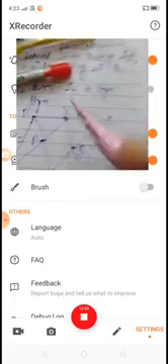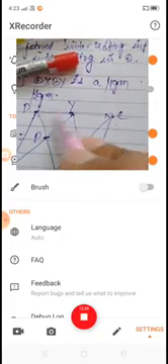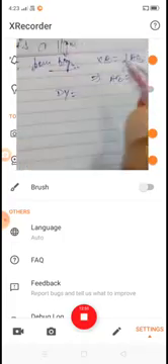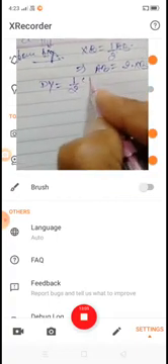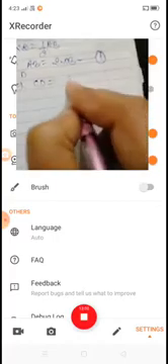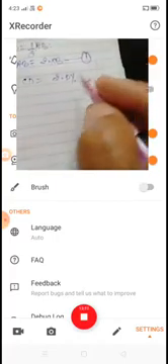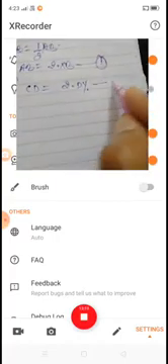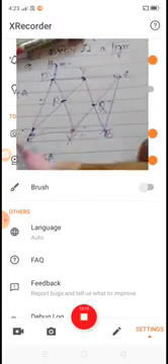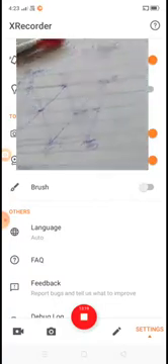Similarly, DY is equal to half of CD, that is CD is equal to 2 into DY. Take this as equation number 2. And we know that ABCD is a parallelogram.